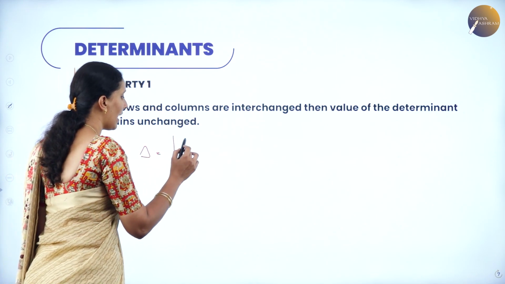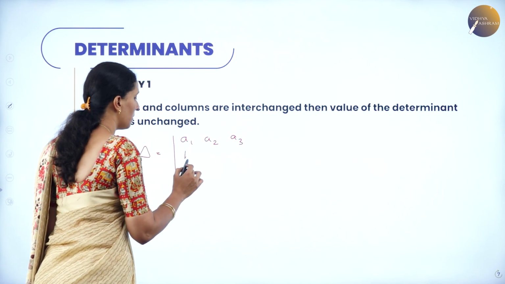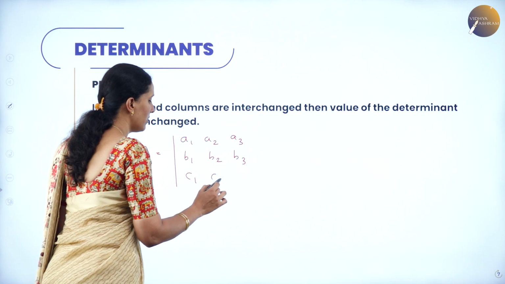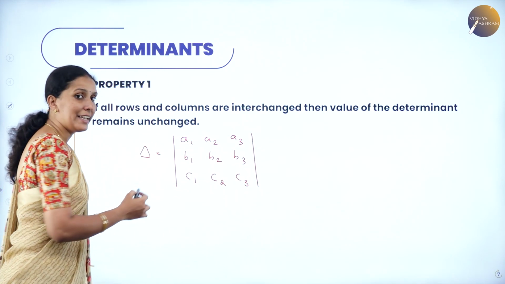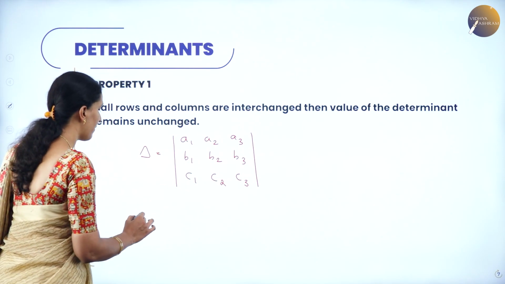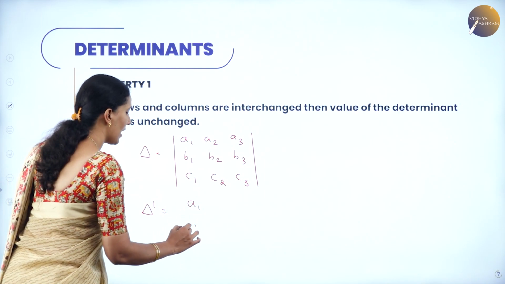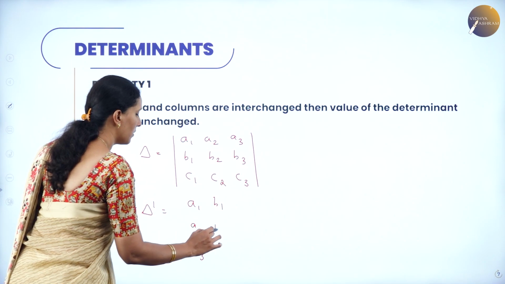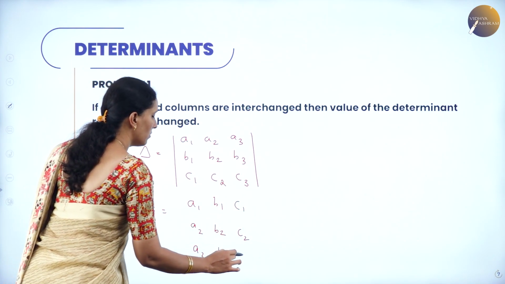So, delta, I have written A1, A2, A3, B1, B2, B3, C1, C2, C3. So now let us interchange this. Let us transpose this matrix. So then I can find delta dash. So that is, change rows into columns: A1, A2, A3, B1, B2, B3, C1, C2, C3.